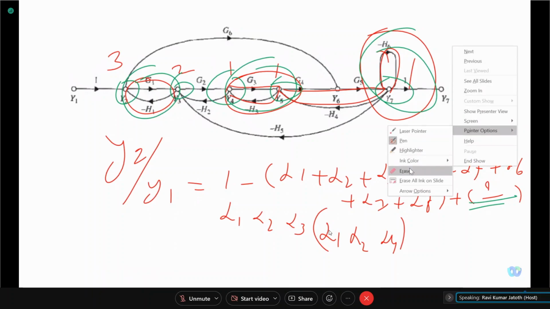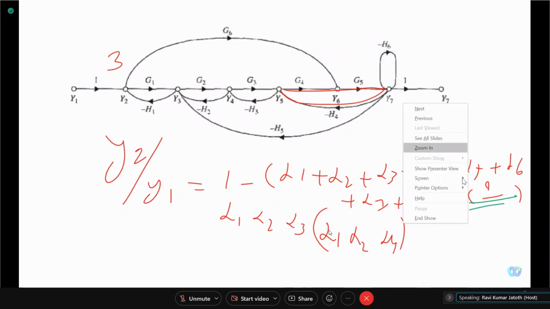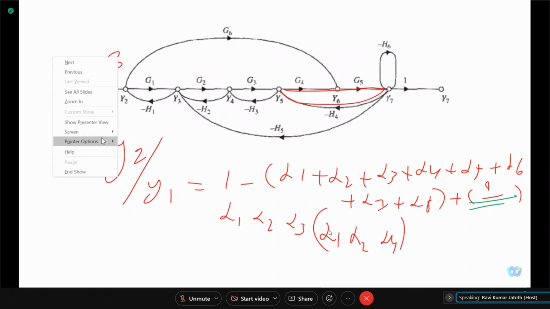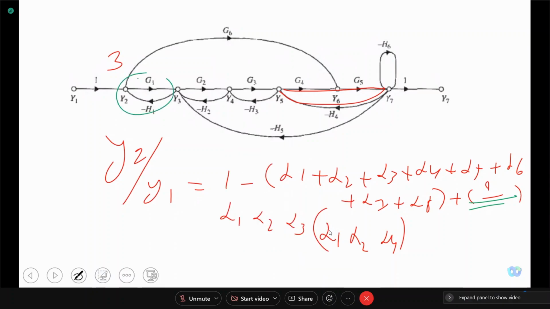When it is called three non-touching loops, now tell me what we will write here. If I have to write here, what do I write? Products of sums of all possible three non-touching loops.